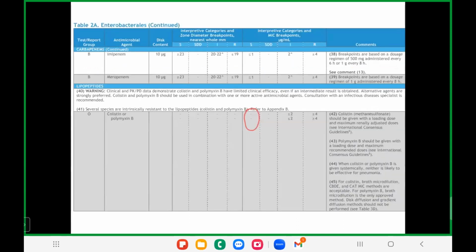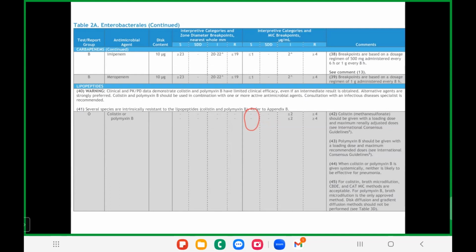In the newest antibacterial susceptibility reports, they've taken off the S column for them. They removed the S column. Even if the MIC is less than 0.5 for colistin, they'll give us intermediate only. They cannot give us sensitive. Why they did that is so that people are not misled into giving only colistin or polymyxin for the treatment.